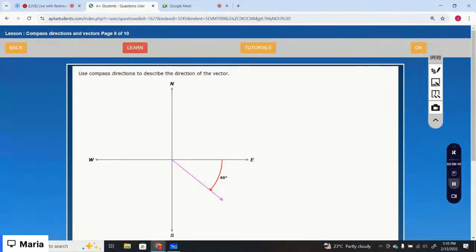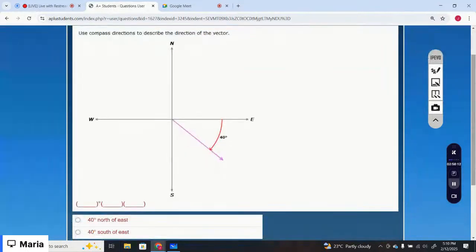Use compass directions to describe the direction of the vector. That is 40 degrees south of east.